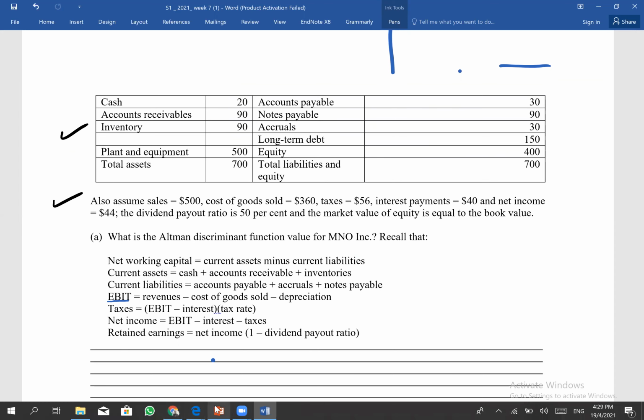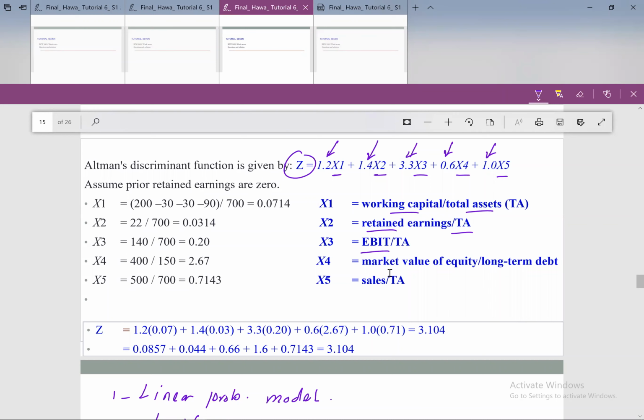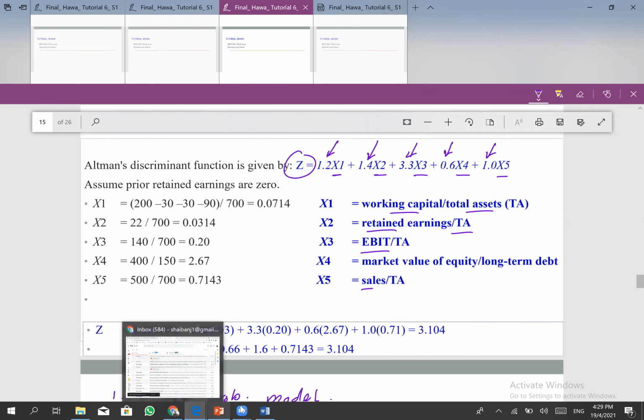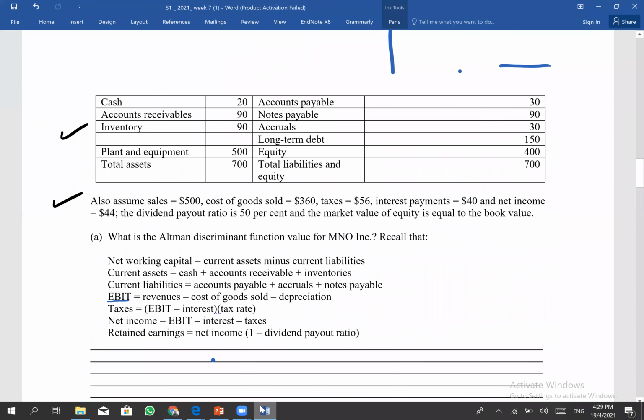X1, as you can see, is the working capital over the total asset. So I need to calculate the working capital, and X2 retained earning over total assets, and X3 earning before income and tax over total asset. And X4 is the market value of equity over debt, and X5 is the sales over total assets. So I want to calculate the working capital.